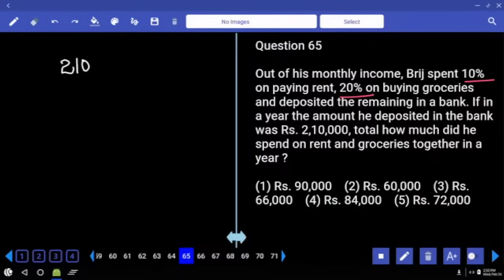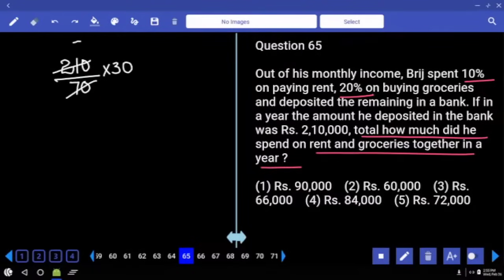I'm not writing 3 zeros. Which is equal to 70%, then 1% value is 210 by 70. How much money did he spend on rent and groceries together in a year? Rent and groceries both together, which is equal to 30 only. 70, 3 times into 30, 90.